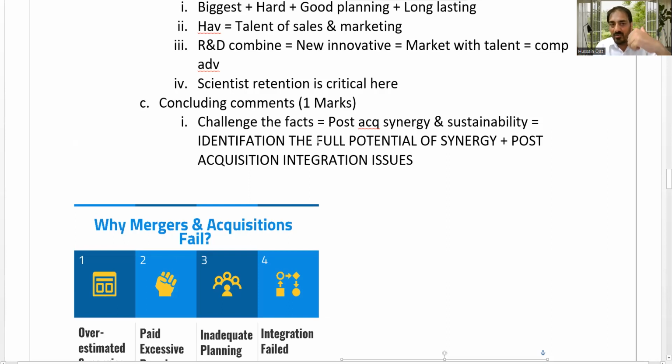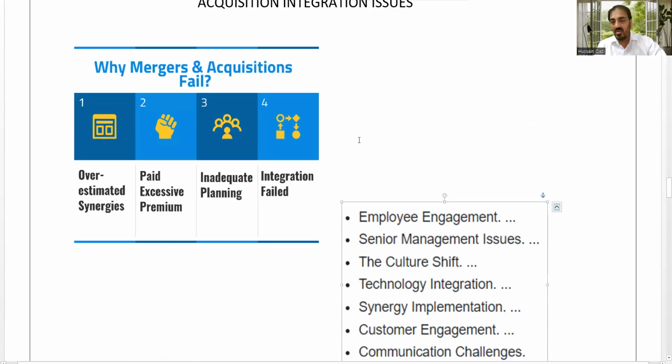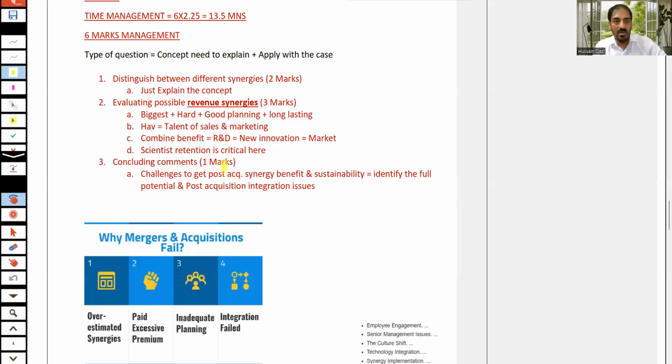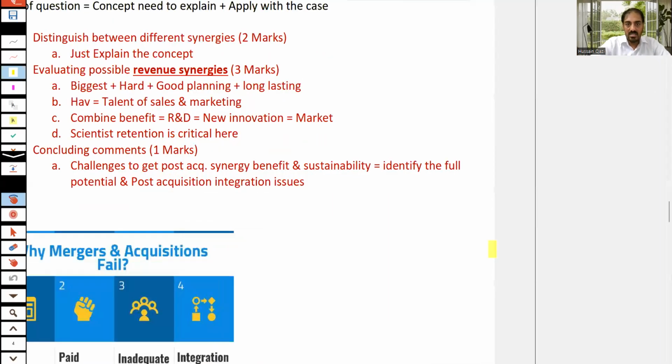You have to make concluding comments incorporating the tone of sustainability and practicality as well. That's commercial acumen. That's why you have to incorporate these wordings accordingly. And the rest of these are knowledge you can use for your next questions. Now come on, the full answer.